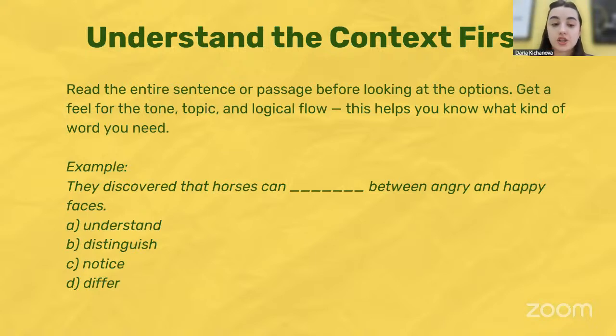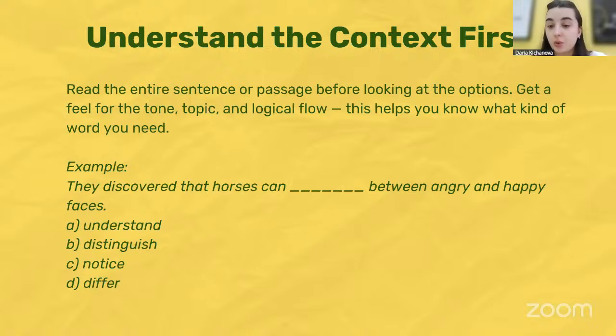Now I want you to take a look at the first example and check what answer we should use here. "They discovered that horses can between angry and happy faces." First of all, just looking at this sentence, you can see that our main topic is animals, and particularly horses.